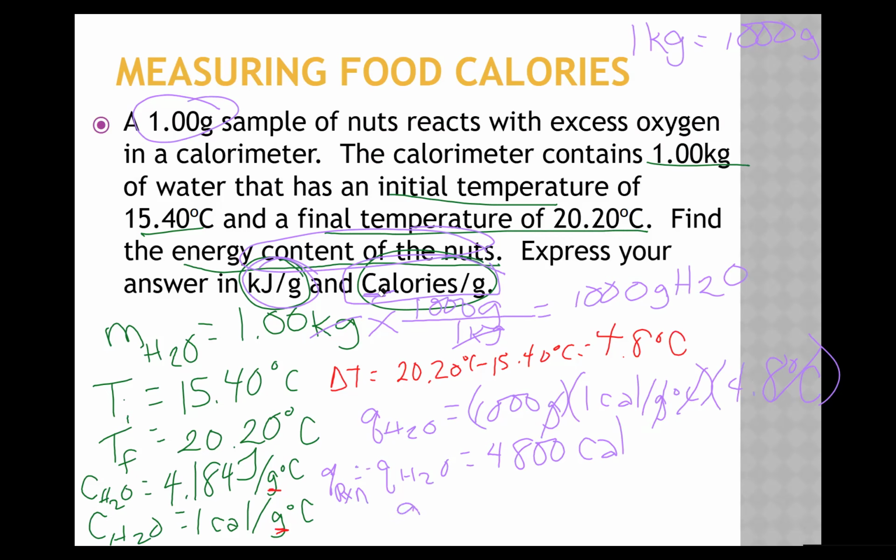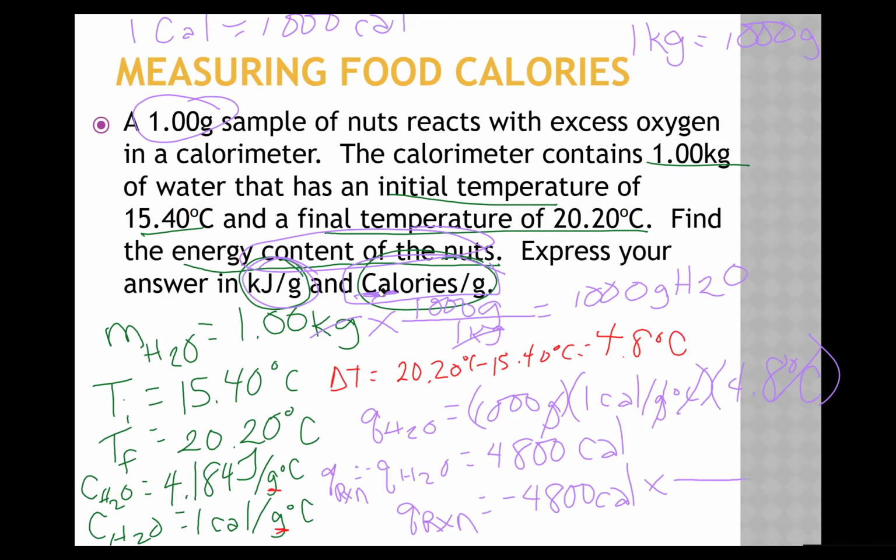So Q of the reaction then equals negative 4,800 calories that we have to change into kilocalories. 1 kilocalorie, I should say. So 1 Calorie, that's a capital C, equals 1,000 little calories.